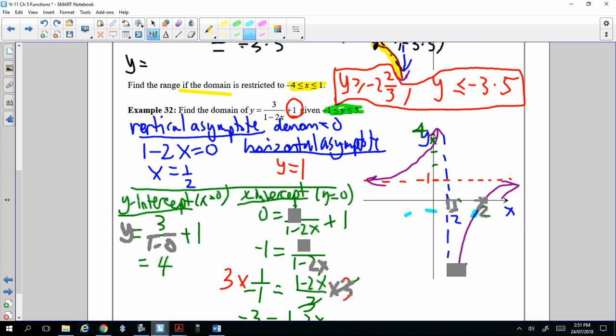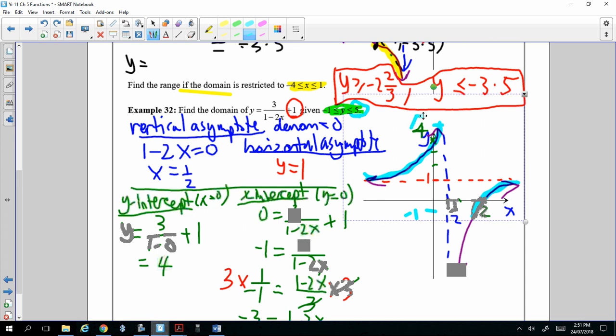So this bit from -1 to 5. Not the whole thing, it stops at 5. Right? So up to 5. Let's work out what that point is.